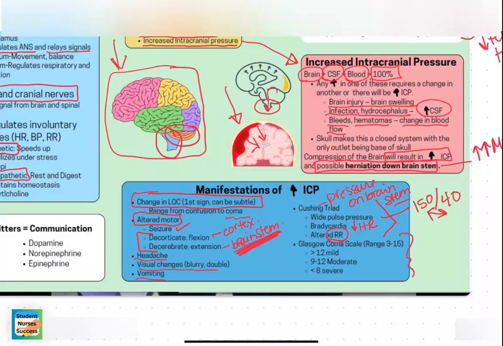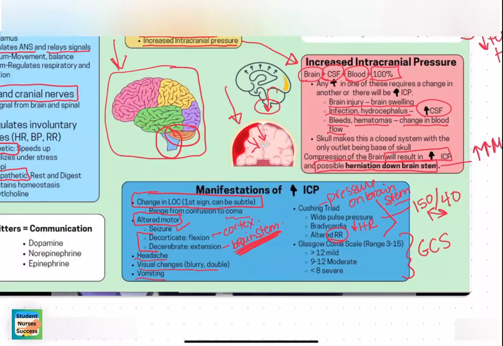We often in the clinical setting use something called a Glasgow Coma Scale, or GCS. The Glasgow Coma Scale is a rating scale where we rate or grade eyes opening, motor responses, and response to pain.